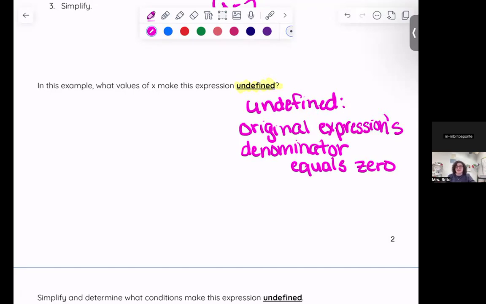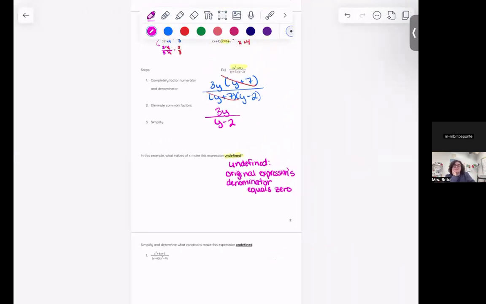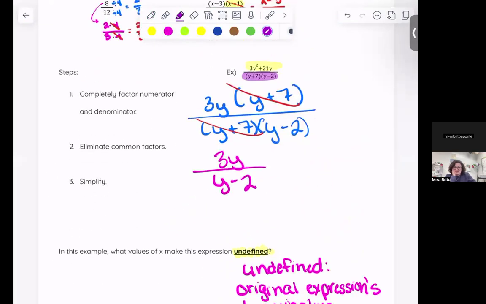I just can't do it. So if we look up at our original expression, my denominator is, I'm going to use purple, y plus 7 and y minus 2.